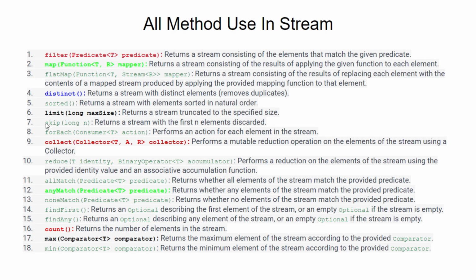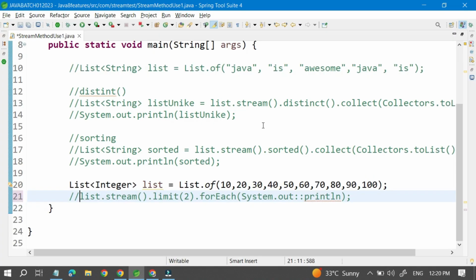The next method is the skip method. It returns a stream with the first n elements discarded. So skip is not like limit. Limit will give the first elements and skip will give the elements after that. For example, in the same array list we can apply the skip method.